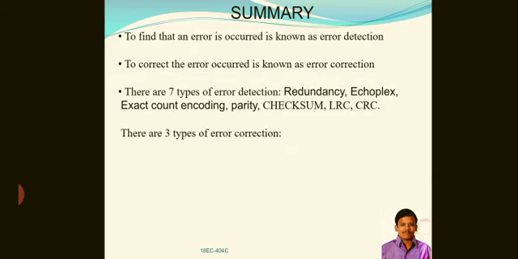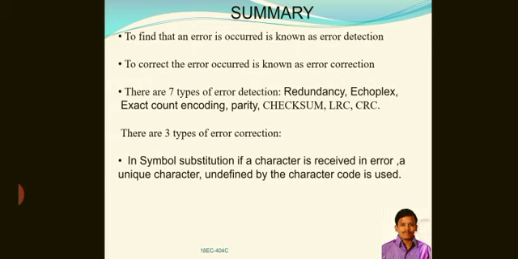Now, similarly, we have seen error correction methods. One is the symbol substitution method, where whenever any character is received in error, a unique character is substituted by the human operator. Another method is retransmission, also called ARQ, automatic repeat request.